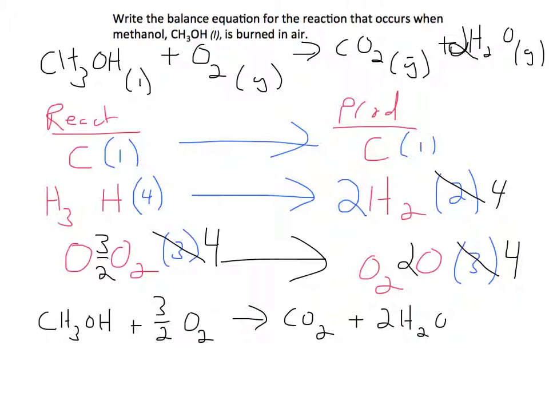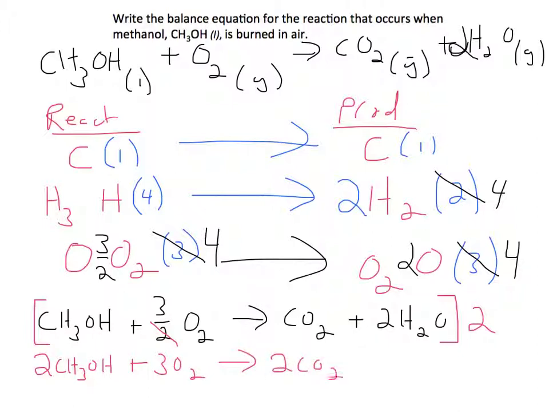And so what we want to do is multiply everything by 2 so that this half part will cancel out. And so our final answer is 2CH3OH plus 3O2 gives us 2CO2 plus 4H2O. And that's our final answer.